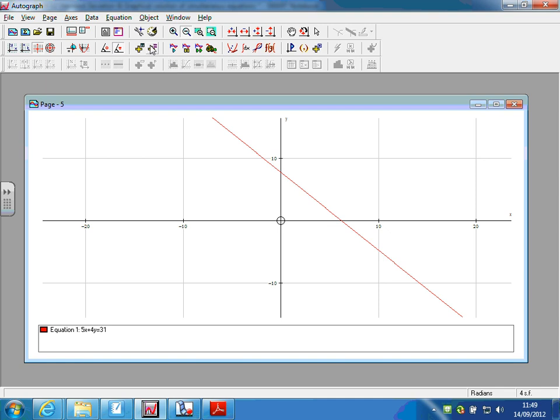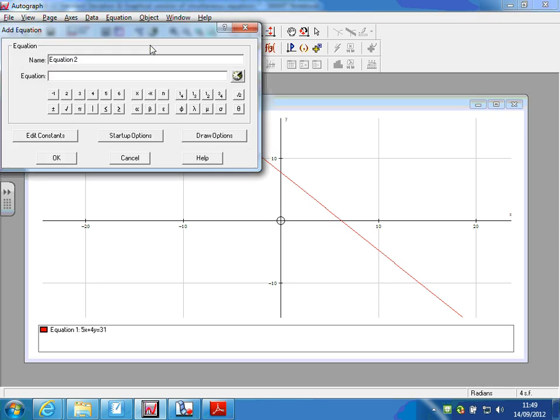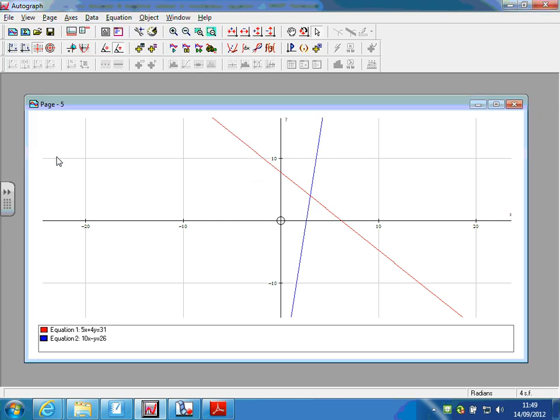And now I enter another equation and put the second equation in, which is? Of course, the equations you have might not be x and y. Autograph only recognizes x and y, so you just have to assign x to one of the letters and y to the other letter. Hit OK. And we get the other.